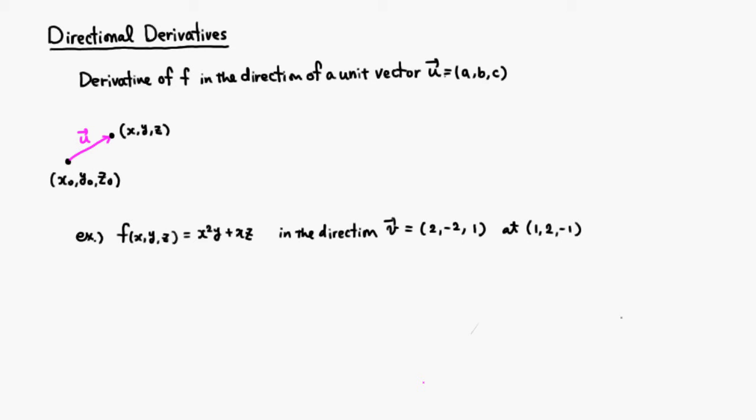If you want to write x, y, z as simply starting from x0, y0, z0, then you add a constant multiple, t times u, which is a, b, c.